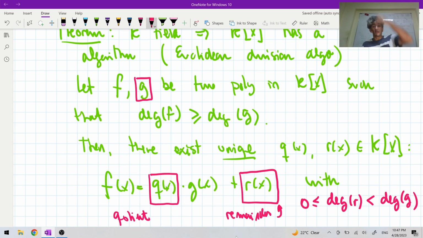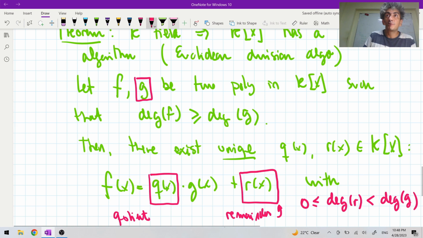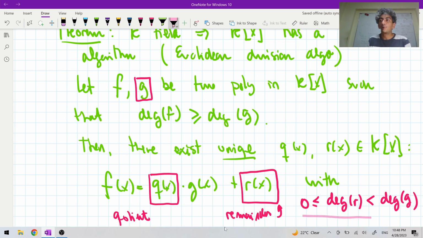So this pretty much emulates what we have learned in high school. The only difference is now that we need to measure polynomials with their degree. The degree function allows us to measure how big polynomials are in a very specific sense.